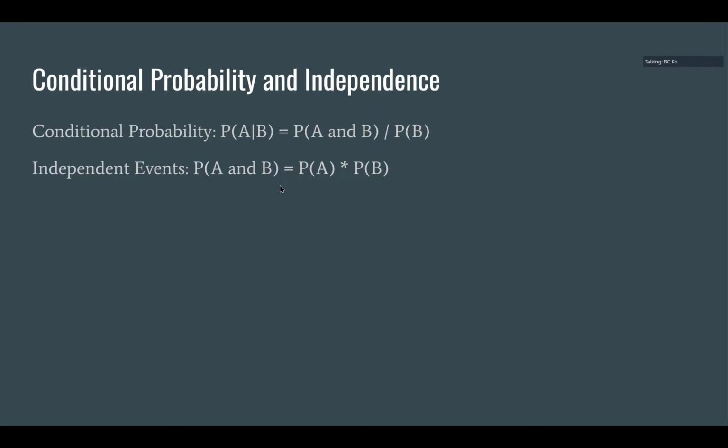Mathematically, A and B are independent if probability of A and B is equal to probability of A times probability of B. So understanding these is really important when you want to analyze scenarios where events influence each other or occur independently.